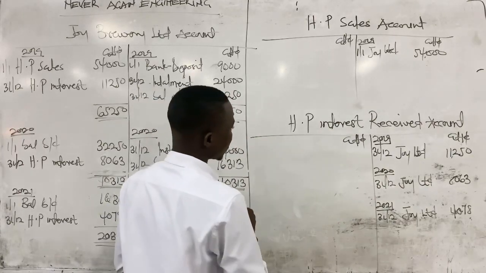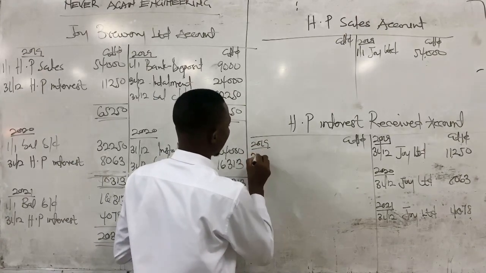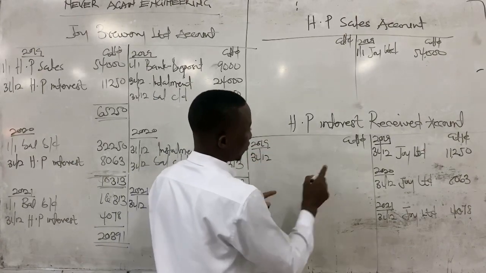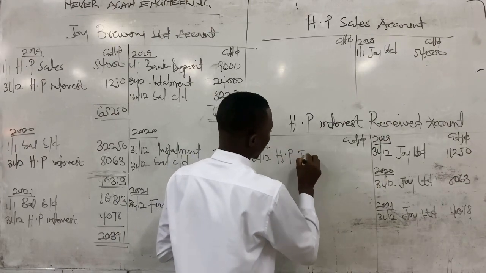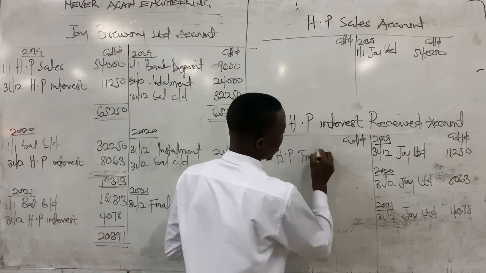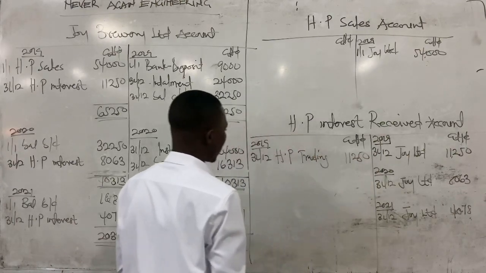So for 2019, on 31st of December, we transfer this to the HP, that is hire purchase trading account, 1,250.